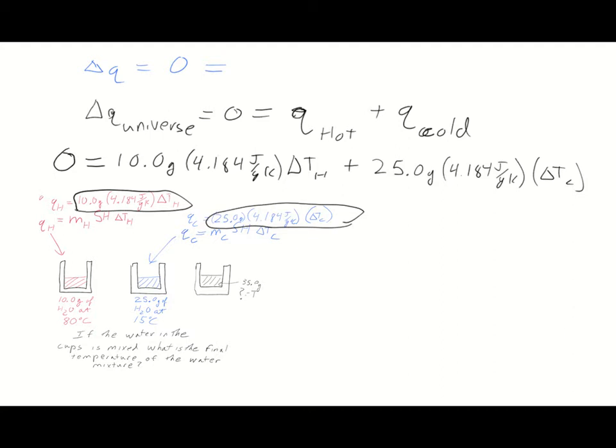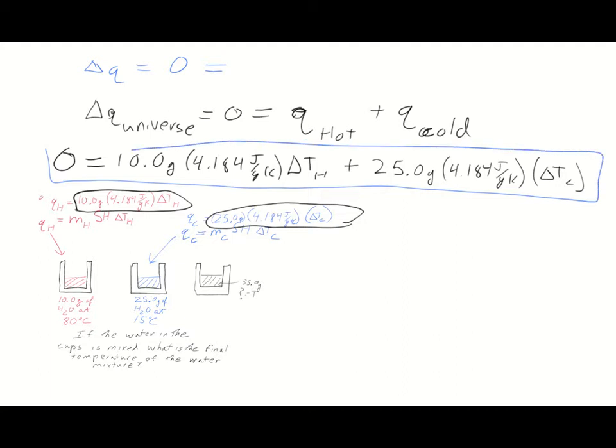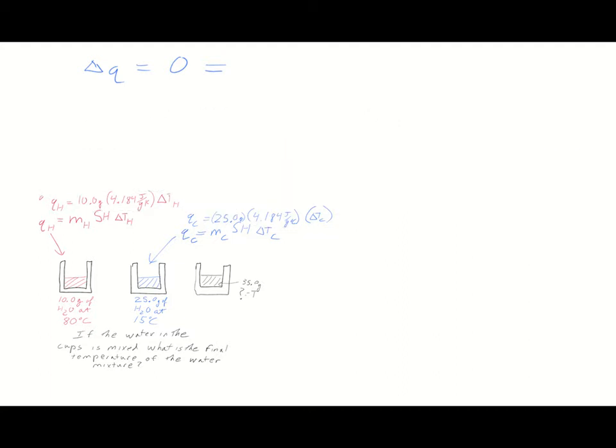So now we have an equation where we only have two variables: the change in the temperature of the hot water and the change in the temperature of the cold water. With a little bit of algebra, we can reduce this to one variable.